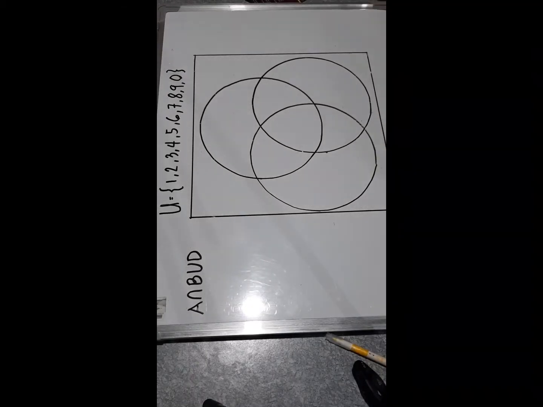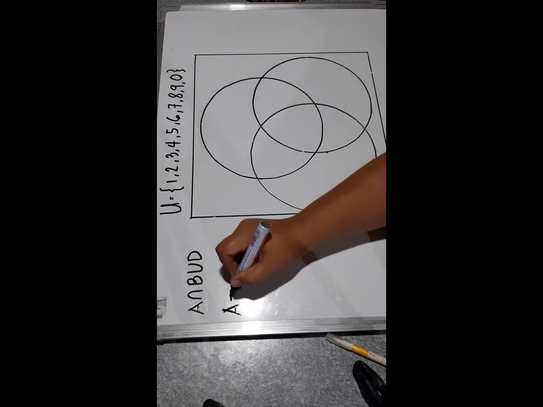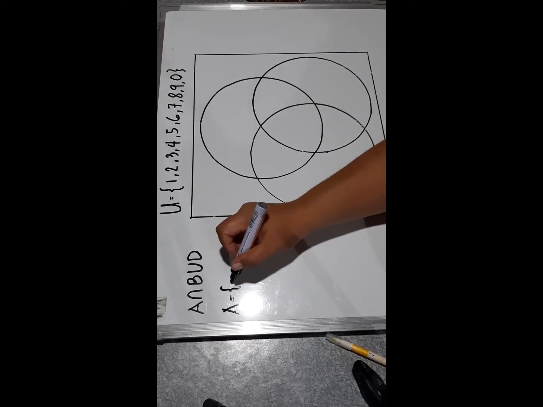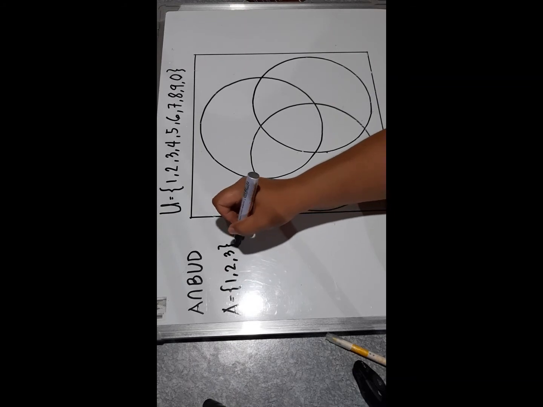For A intersection B union D, we have the following Venn diagram to represent the operation. So first, our A has the elements of 1, 2, and 3.